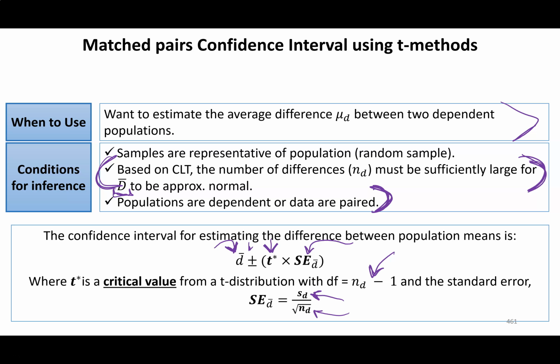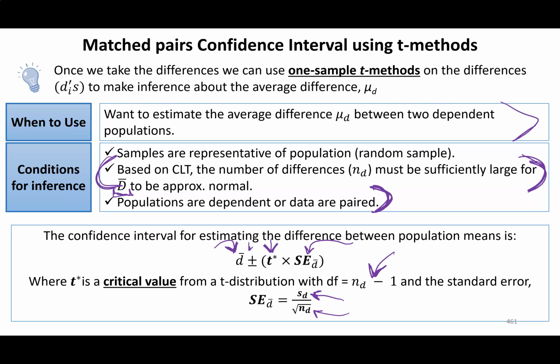And your degrees of freedom is just going to be your total number of differences minus 1. So one way to think about it is we're essentially doing our one sample t methods, but just on the differences. So instead of putting both of those, after and before, we're only dealing with the differences.